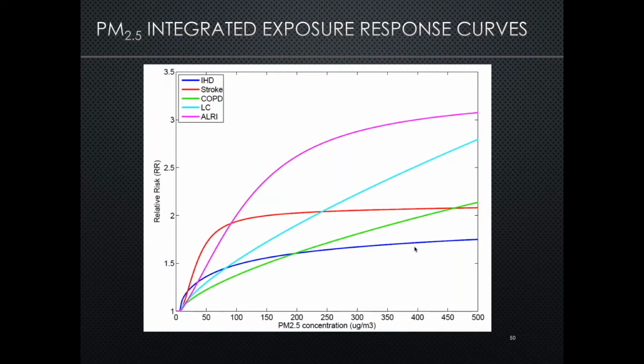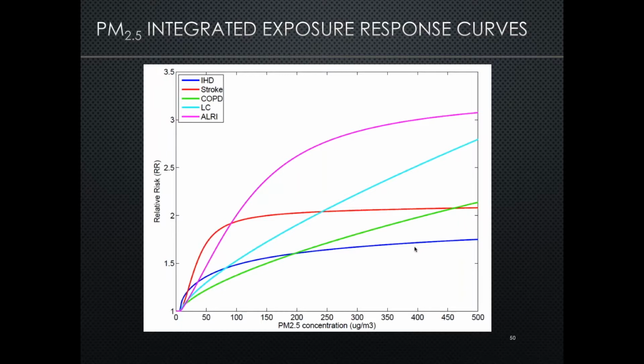For COPD and lung cancer, those curves are more linear across the full range of concentrations. And for acute lower respiratory infections, that curve also flattens at very high concentrations, but here it's at extremely high concentrations, seen only in very extreme circumstances, usually indoors where households are burning solid fuels for cooking and heating indoors.